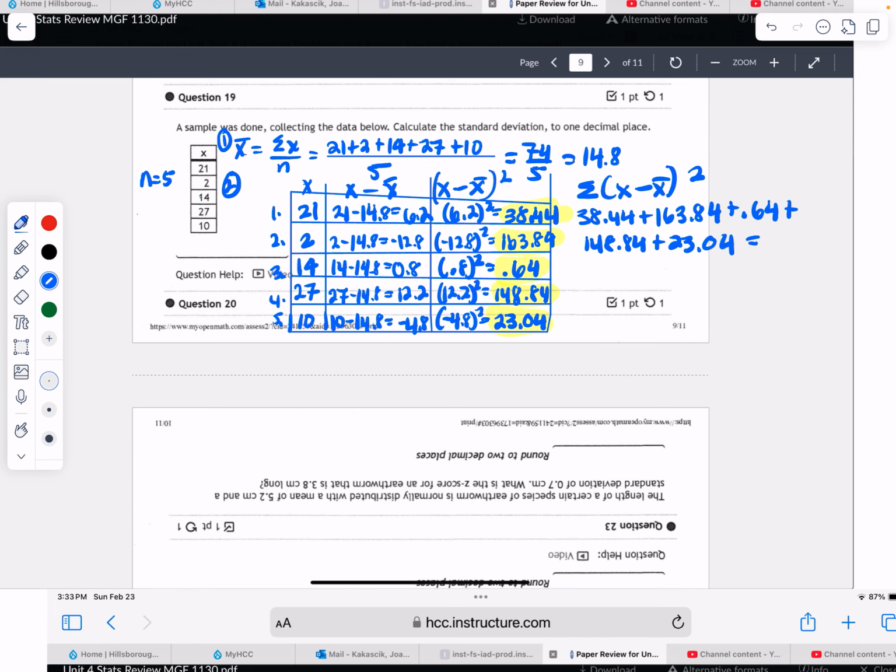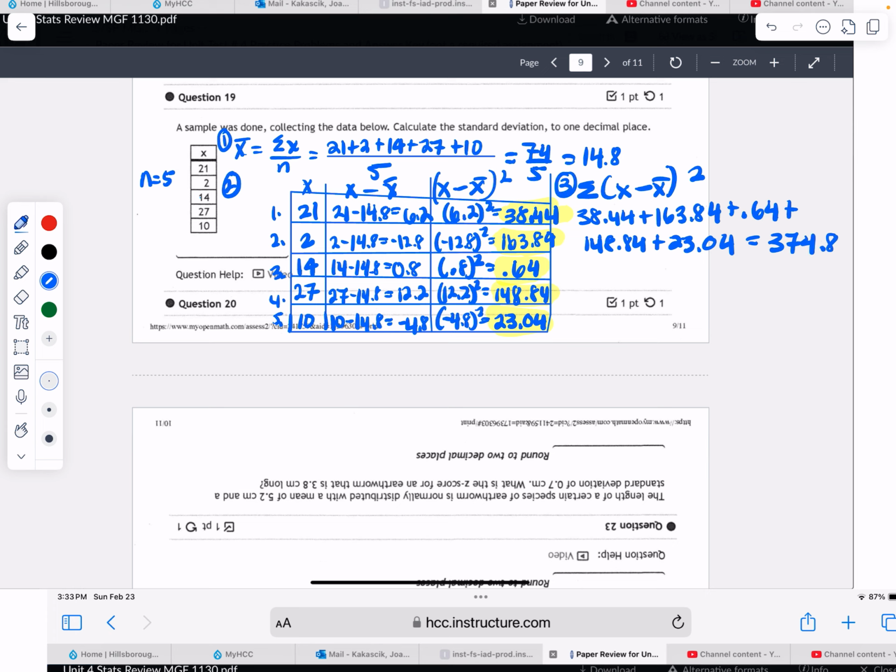Let's add that together. I'm making sure I plugged in everything correctly. Hit enter, and the sum of x minus x bar squared is 374.8. So that's step 2.